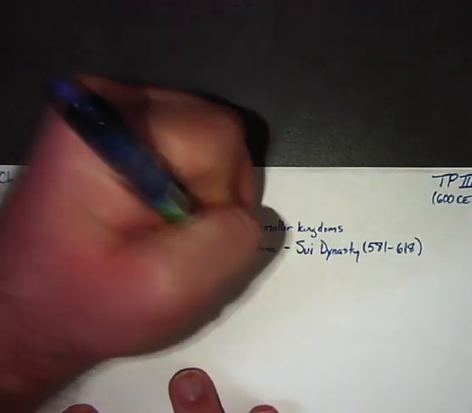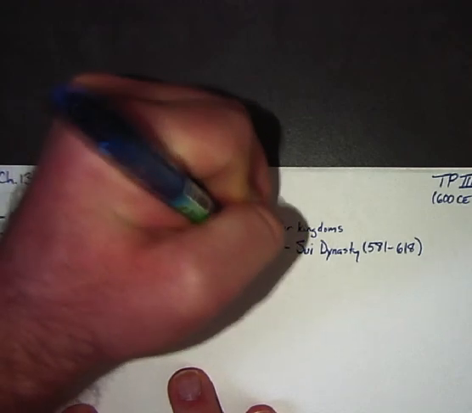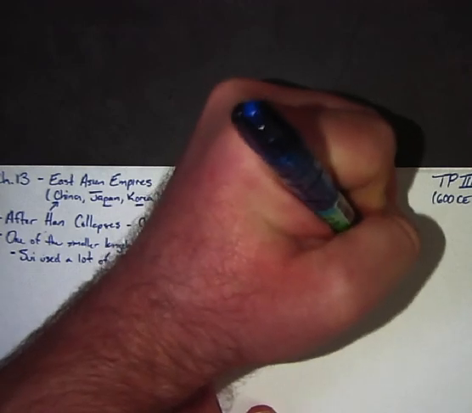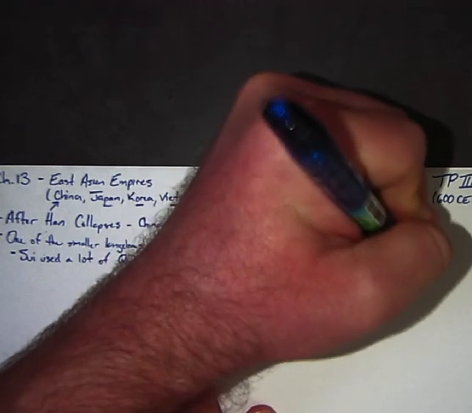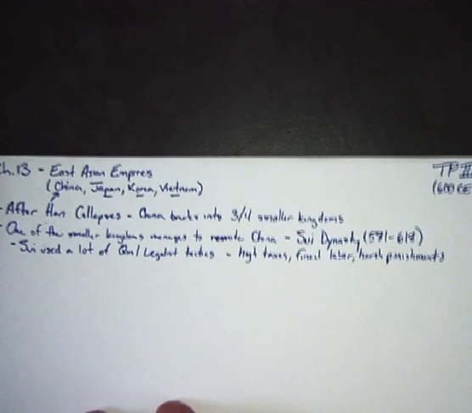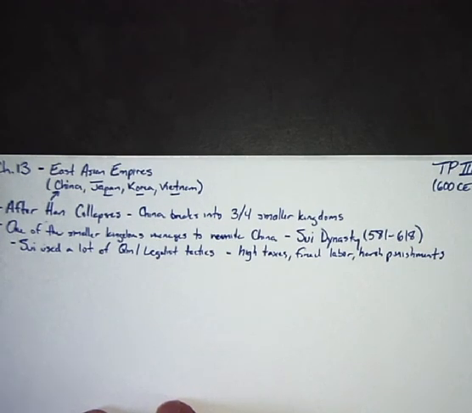They're going to have high taxes, forced labor, harsh punishments, all the stuff that the Qin used to reunite China after the period of warring states, the Sui are going to do again.